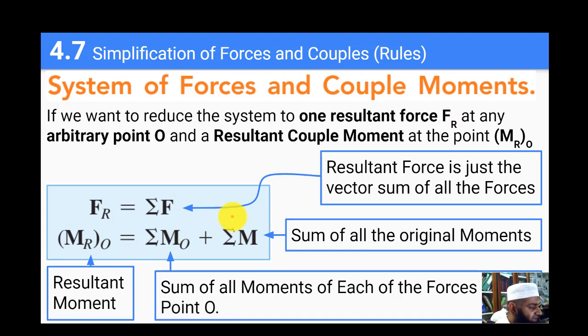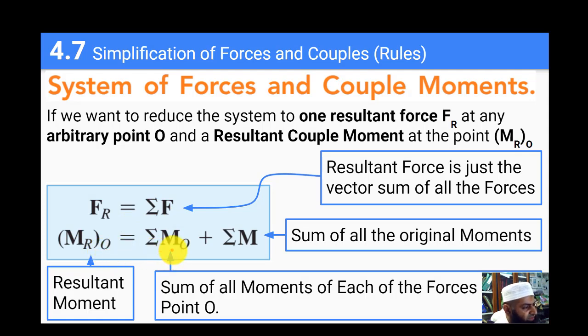So this is the basic idea behind making an equivalent system. To find the resultant forces and the resultant couple moments, we can use all the tools that we studied in the previous lectures.